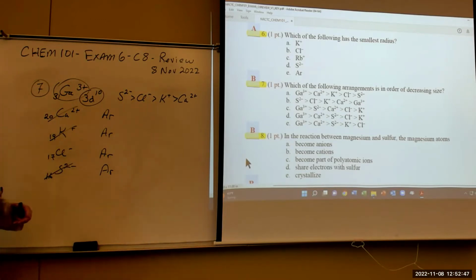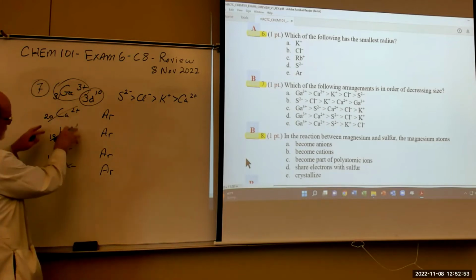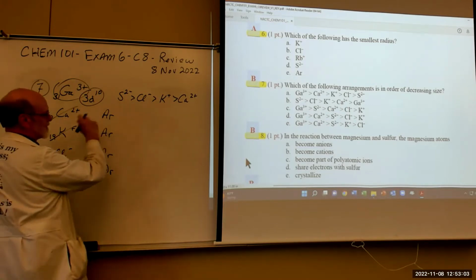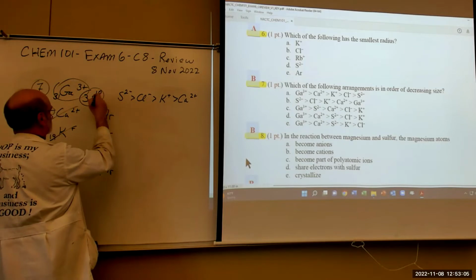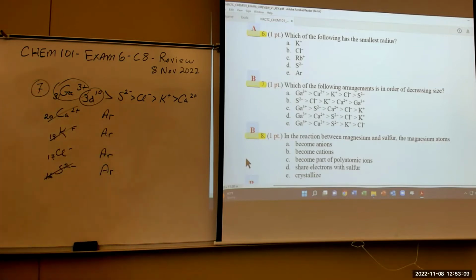And that's going to balloon. Whereas these others don't have any 3D electrons. Does that make any sense? I hope it does. That's the best I can do. So that means gallium is going to be the biggest one. And the rest of them are in that order.